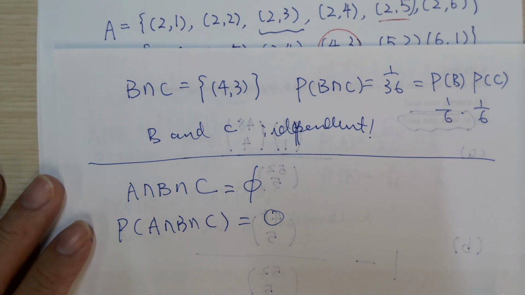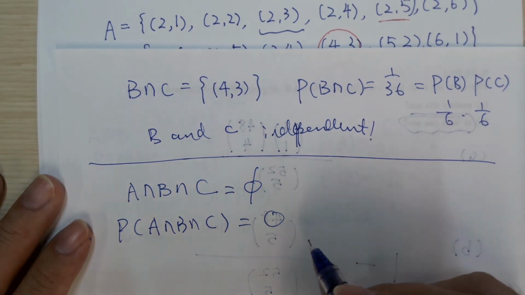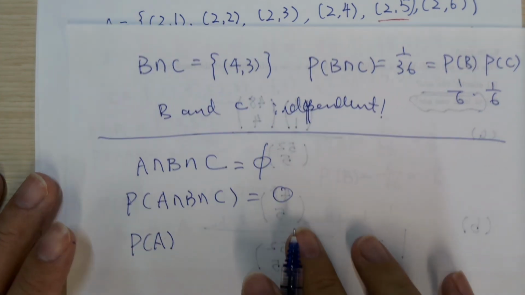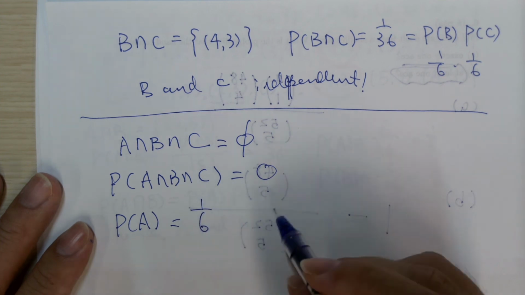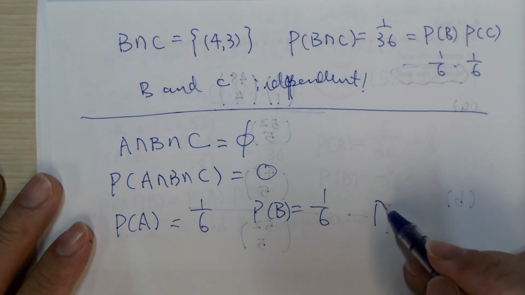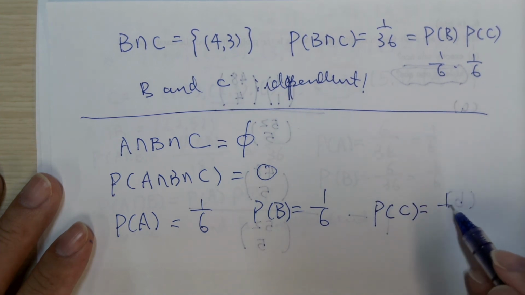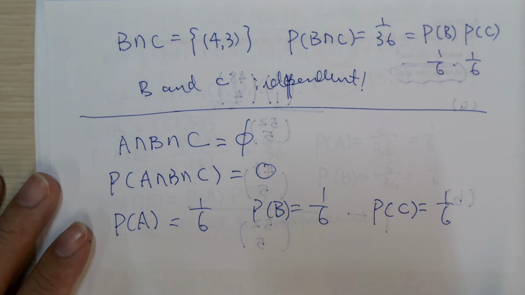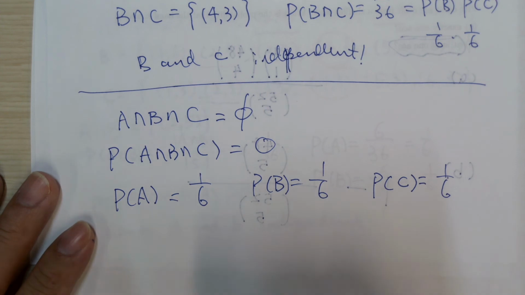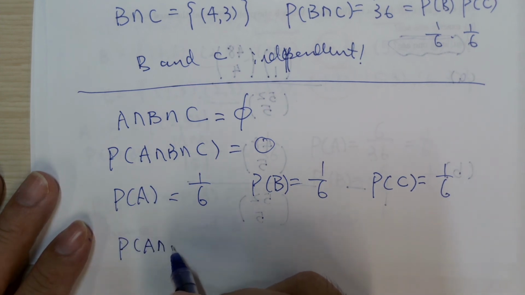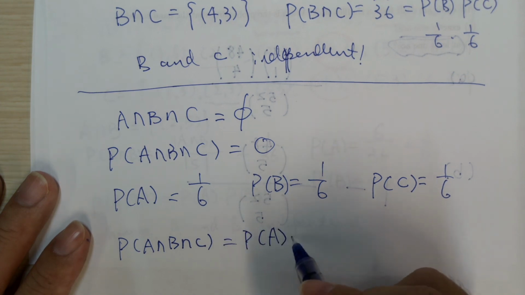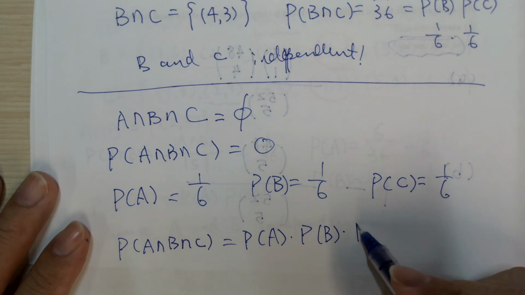However, we know that the probability of A equals 1 over 6, the probability of B also equals 1 over 6, and the probability of C, same thing, equals 1 over 6. So if A, B, and C are independent, it's going to satisfy P(A) times P(B) times P(C).